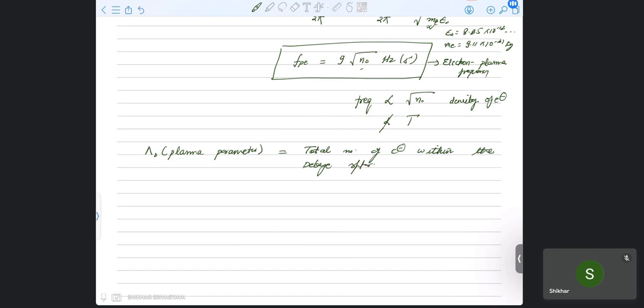Inside the Debye sphere, we know the charge number density is Ne, that is, the amount of electrons per unit volume. In total volume, the radius of the Debye sphere is lambda d, and the volume is given by 4/3 pi r cube, where r is your Debye length, lambda d cube. They might also ask this kind of question in assignments. So this is the total number of electrons present within the Debye sphere.